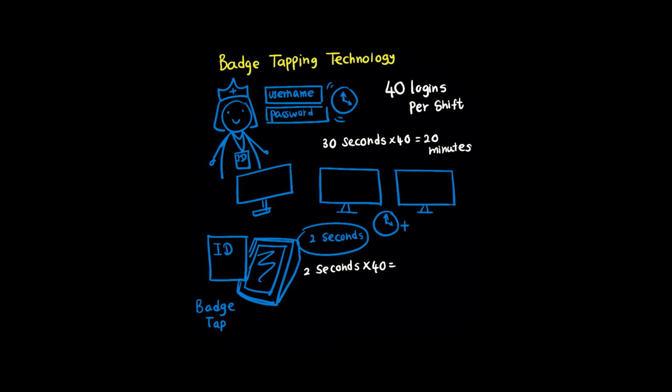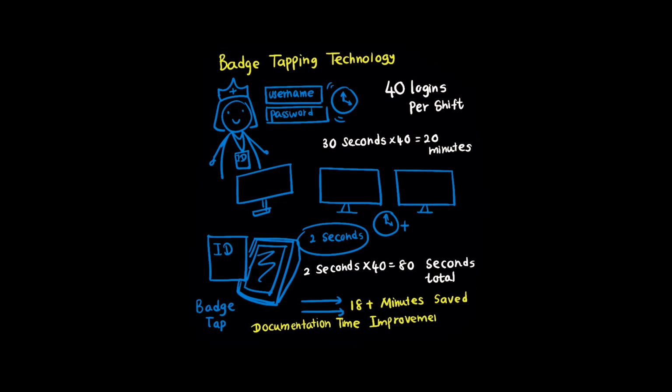Badge tapping reduces this to a quick tap. 2 seconds instead of 30. The math is simple, but the impact is profound. Those saved minutes mean more time for patient care, less frustration with technology, and better documentation compliance, because the system isn't a barrier. It's frictionless access that maintains security while dramatically improving workflow efficiency.